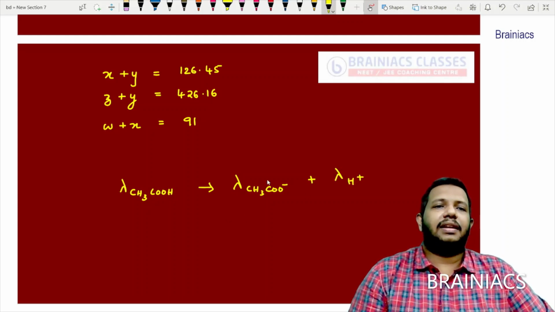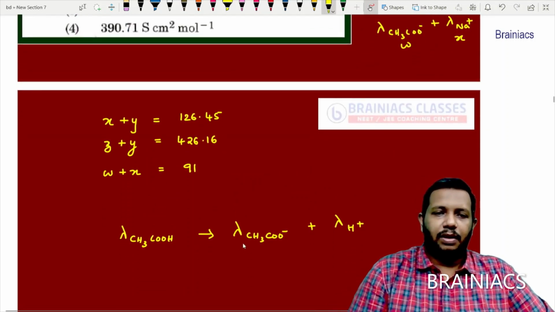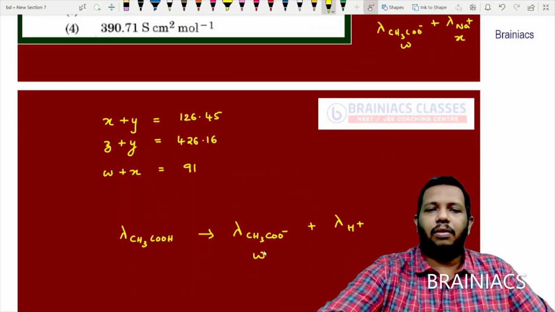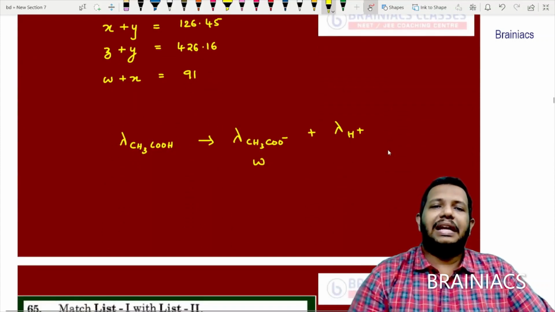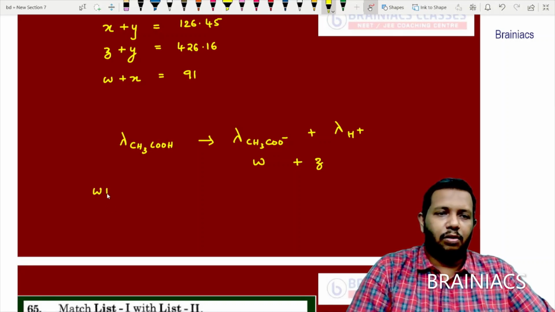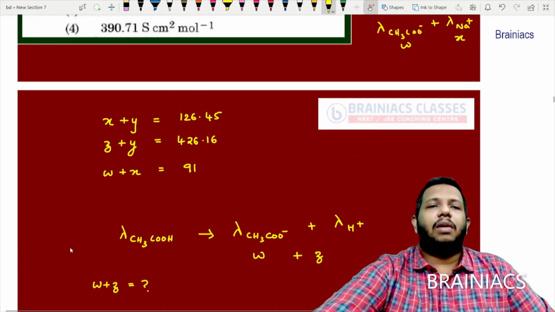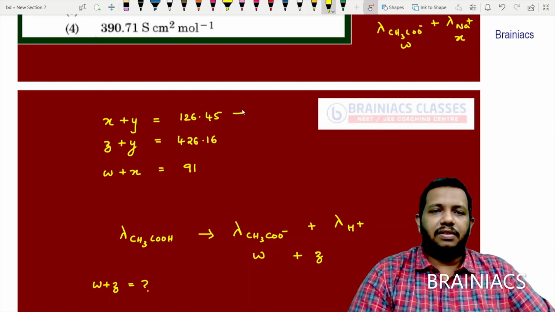Acetate ion we assigned as W, and H plus we assigned as Z. So indirectly they are asking what is W plus Z. How can we find W plus Z from these? Let me number them: this is equation 1, this is equation 2 and this is equation 3.